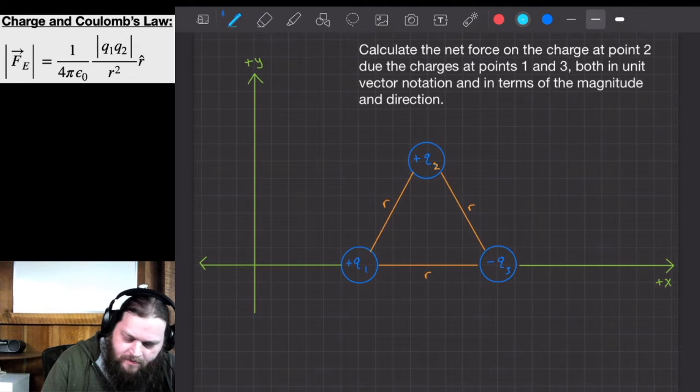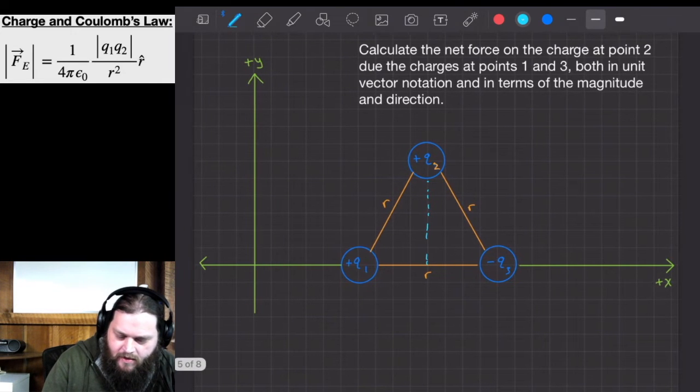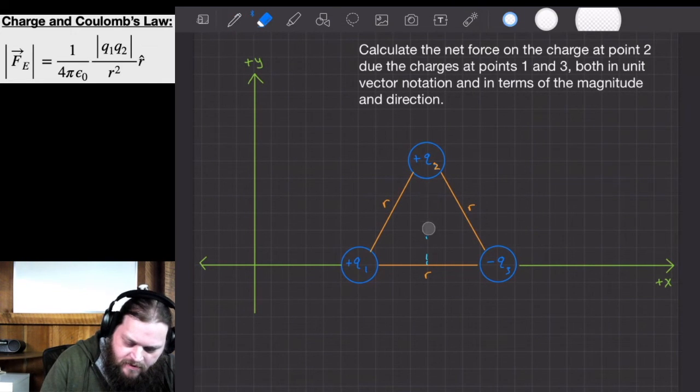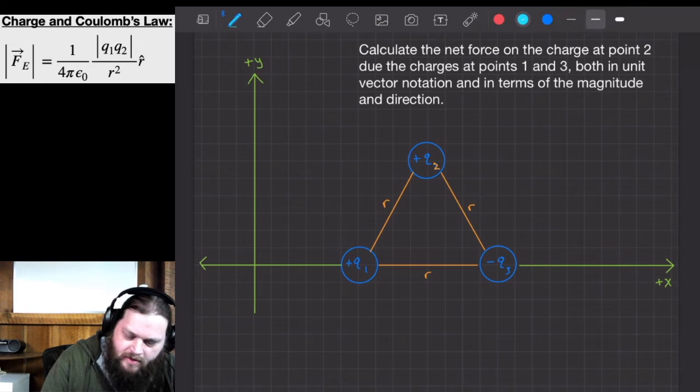We know that the distance r is going to be split here. So you're going to have half of r in this direction, and you're going to have, well, let's look at one thing first, just the directions on the free body diagram. We have a positive charge for Q1, we have a positive charge for Q2.